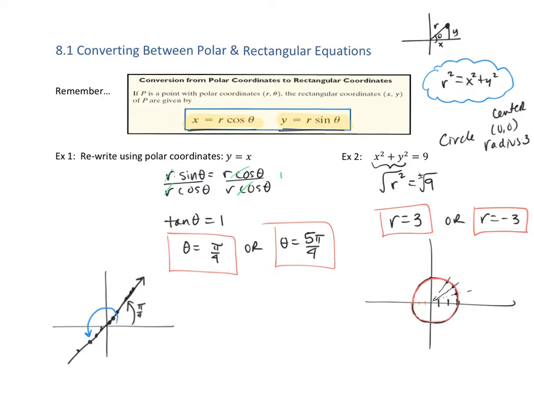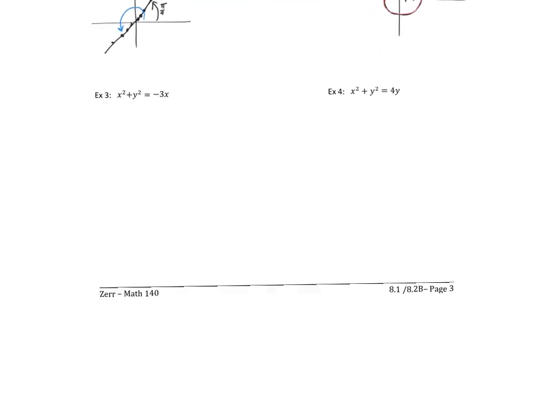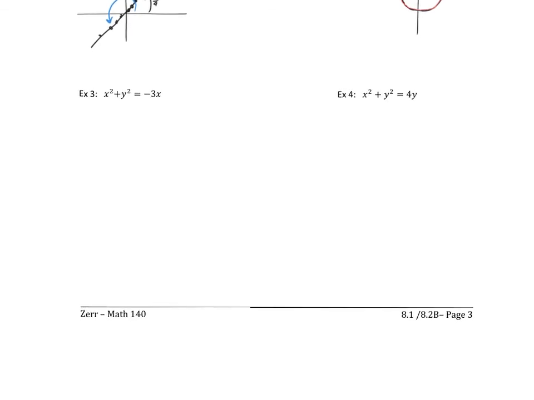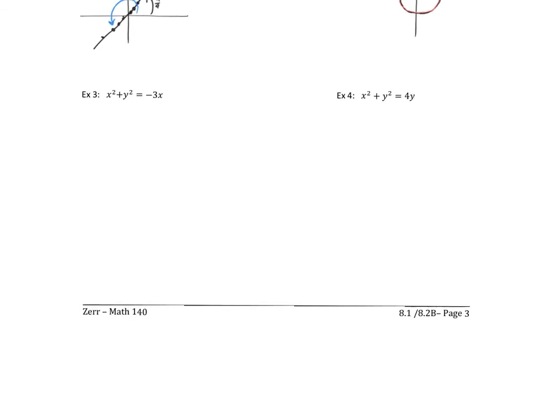Okay, moving on to our next one. Let's see, if we have x squared plus y squared equals negative 3x. Well, that one's not so easy to graph in a rectangular system. So let's see how hard it would be in the polar. I know x squared plus y squared is r squared. X is r cosine theta.